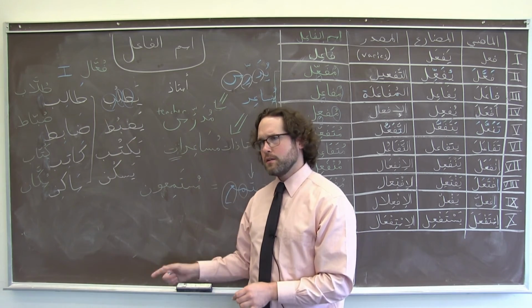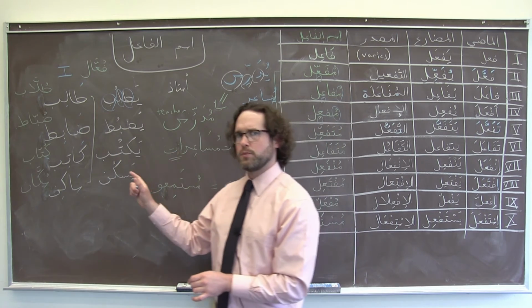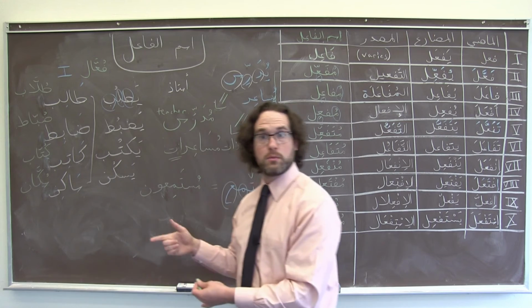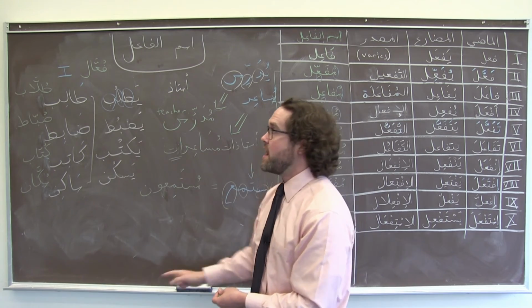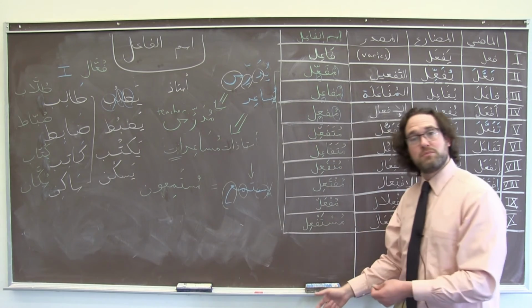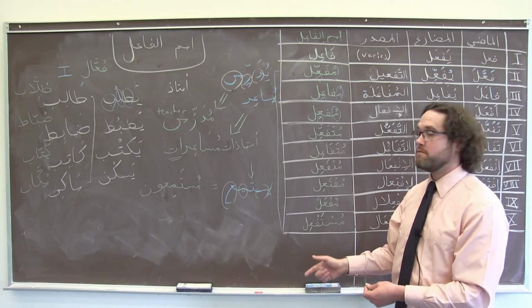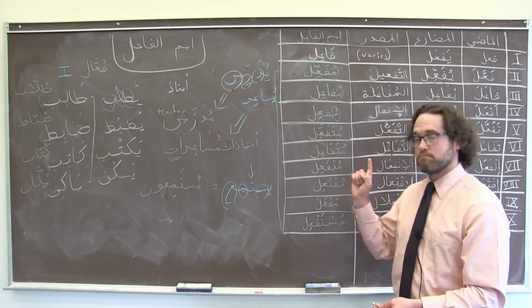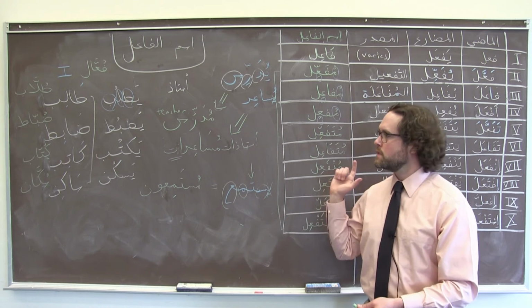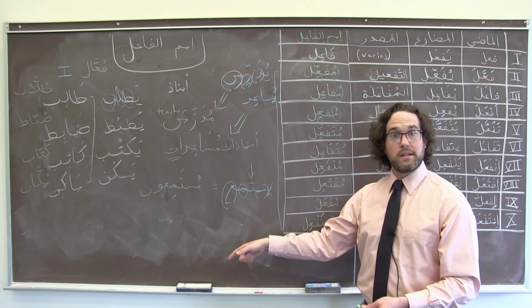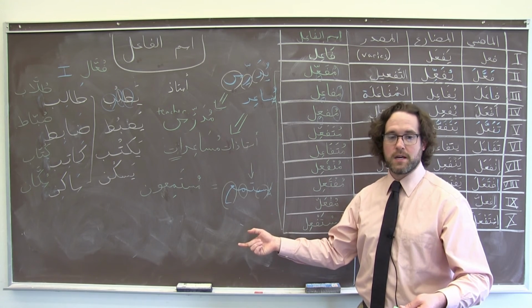So it's not quite regular, can't count on it 100%, but it's a very common broken plural for Form 1 ism fa'il. And for all of the other derived asma fa'il, we can use normal, regular plural endings, which is great, saves us a lot of time.